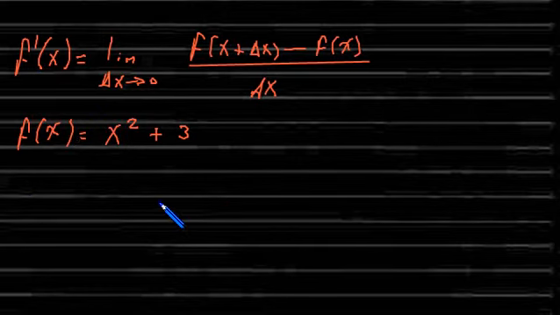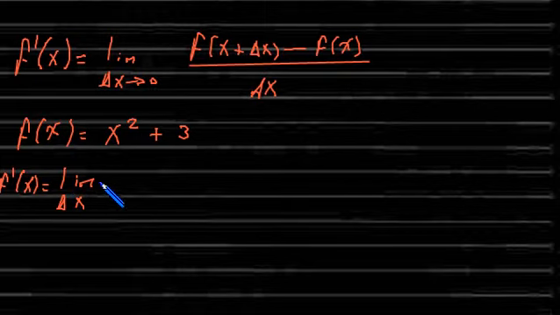So let's actually get started on that. I'm going to substitute x plus delta x into f. So f prime of x is equal to the limit as delta x approaches 0 of this expression evaluated at x plus delta x.